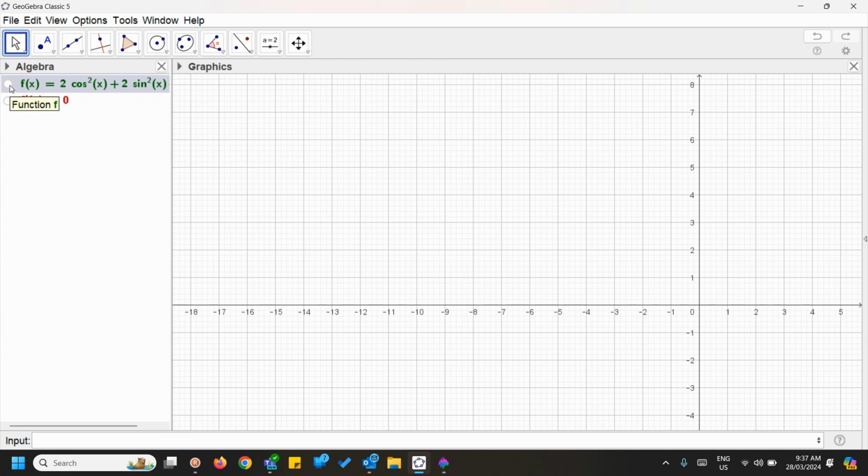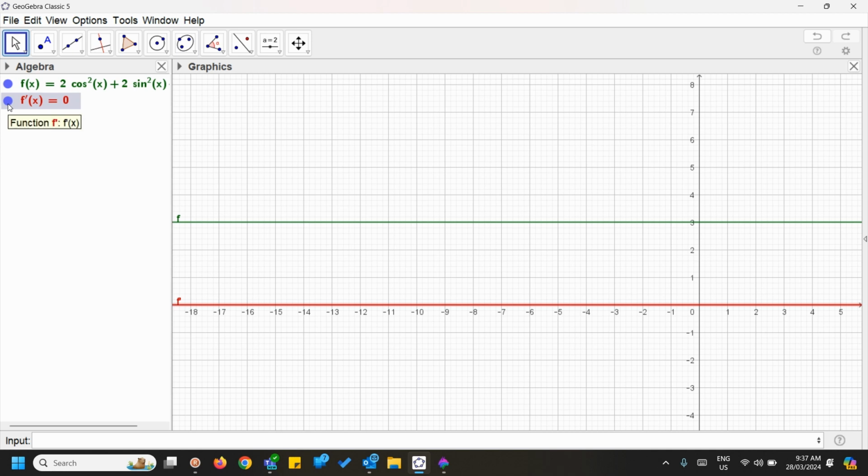You're probably expecting something curvy with all the coses, something that looks like a sine curve or something like that. Let's have a look what it actually looks like. There it is. It's a straight line. In fact, it's 3. And the derivative of a straight line would be 0.